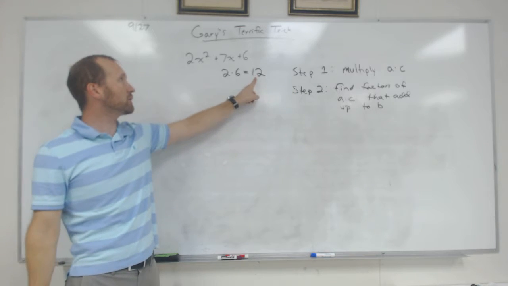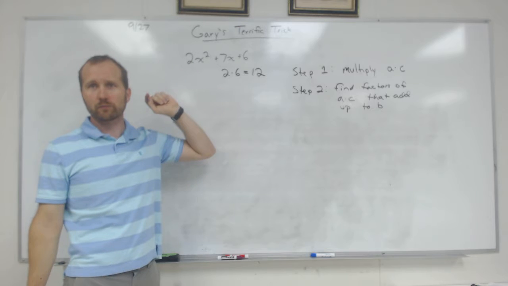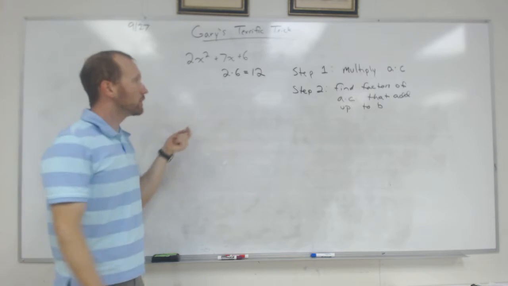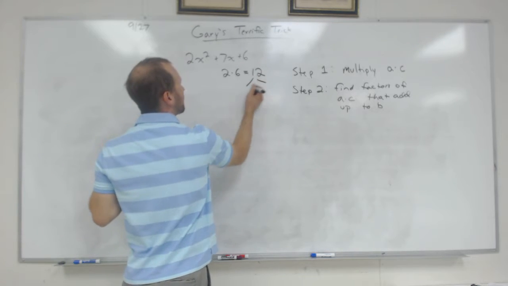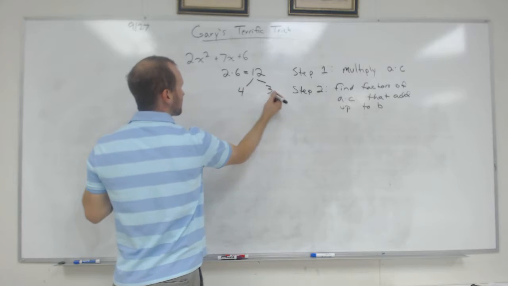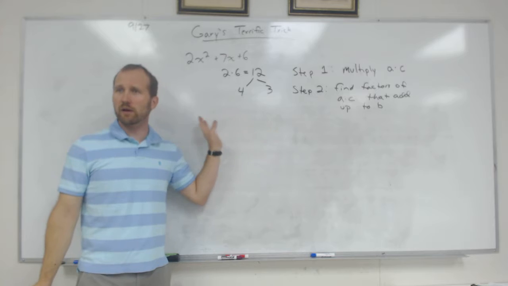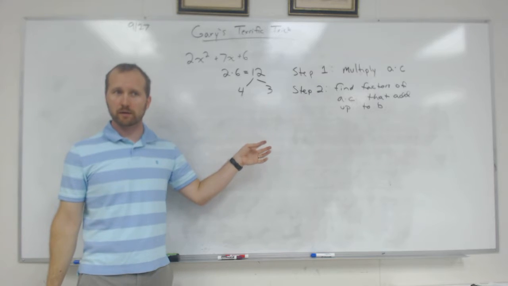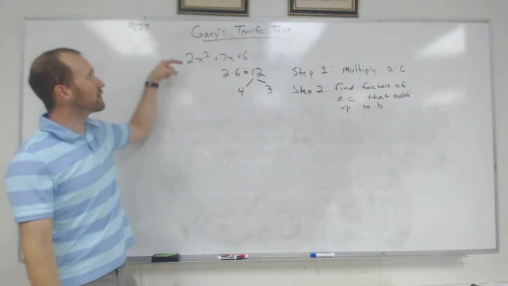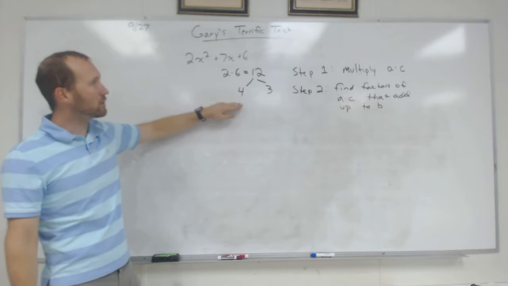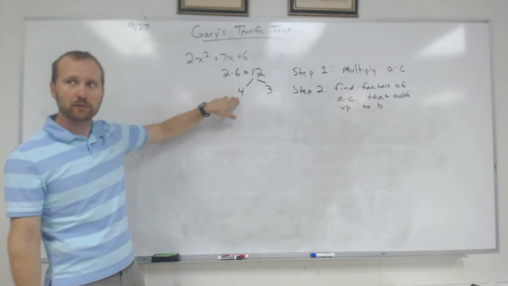I'm going to look for factors of 12 that add up to 7. 4 and 3. But here's the key difference. Those are not just going to give me the answer. I'm not just going to write x plus 4 and x plus 3. Instead, I'm going to rewrite this problem using these two factors that I found.